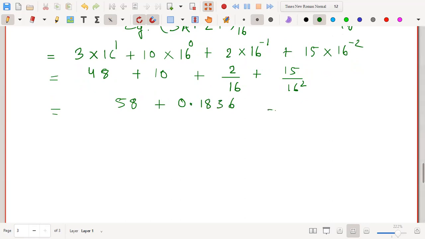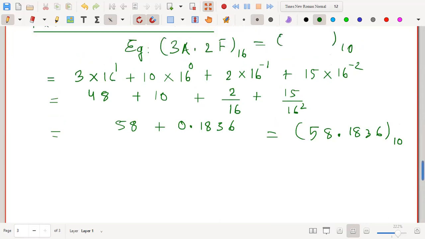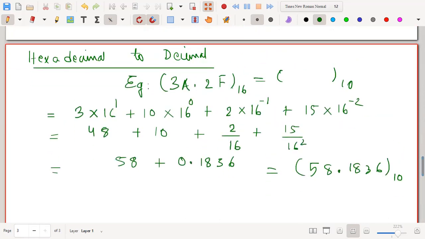So this implies that it is 58 plus 0.1836, which is 58.1836 to the base 10. So in this way, this hexadecimal number is now converted into this decimal number where we do not have any characters now. We only have the numbers.